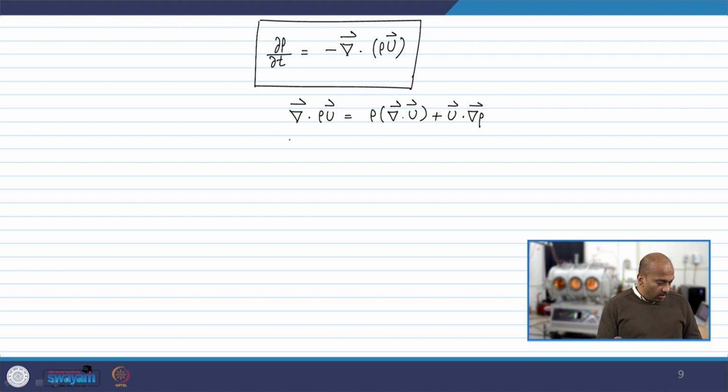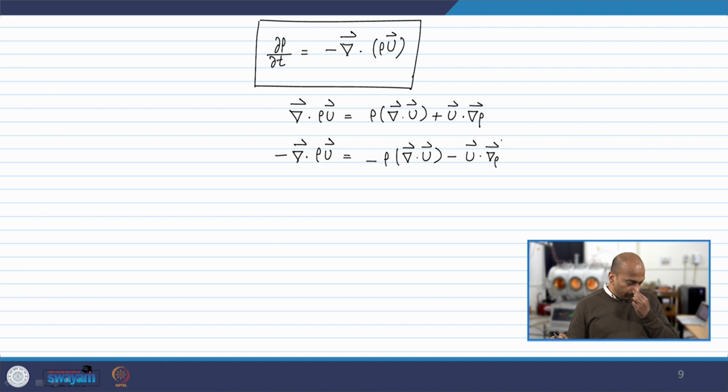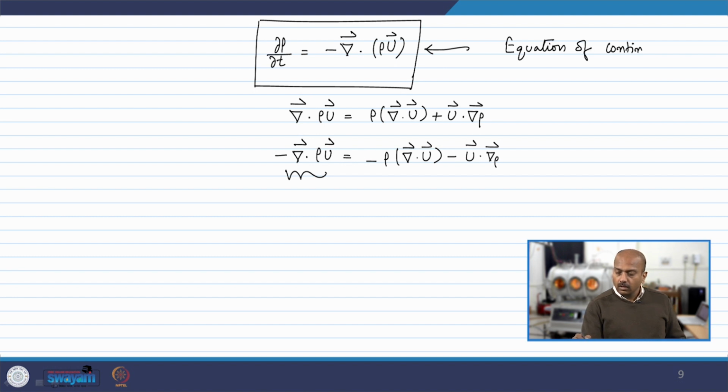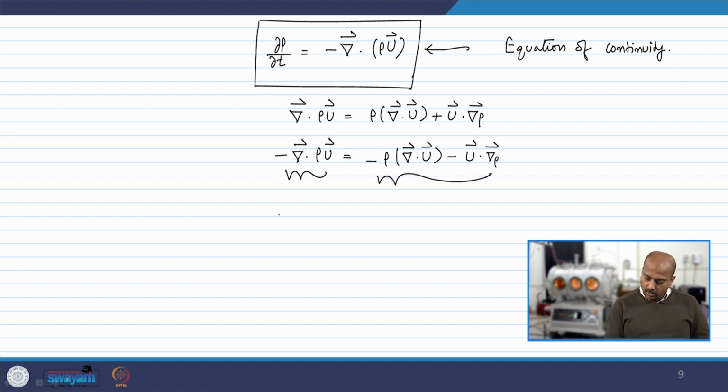So, we can write minus del dot ρu as minus ρ times del dot u minus u dot del ρ. So, this is what we have on the right hand side of this equation. What is this? This is the equation of continuity. So, we can use all of this on the right hand side of this equation.